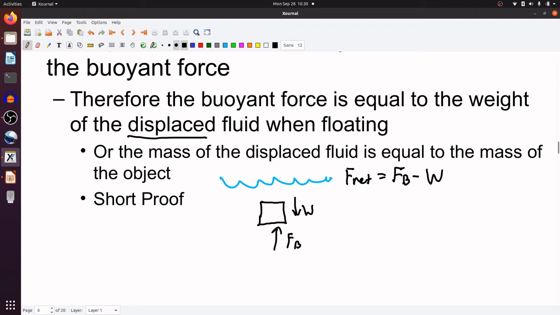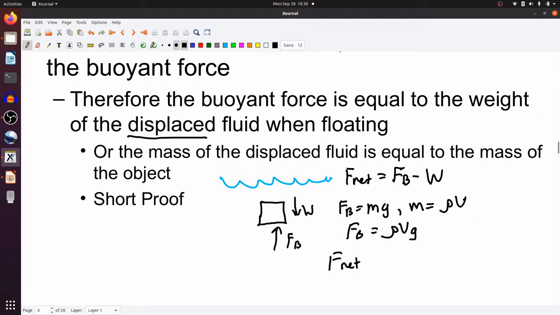So a couple things here. We know that the buoyant force is equal to the weight of the displaced fluid, mg. And we also know that m is equal to the density times volume. So we can express the buoyant force as rho Vg.